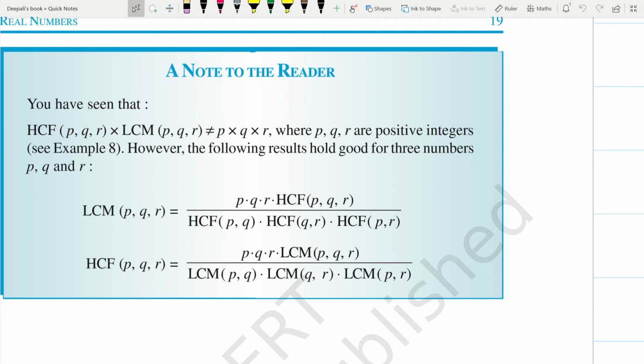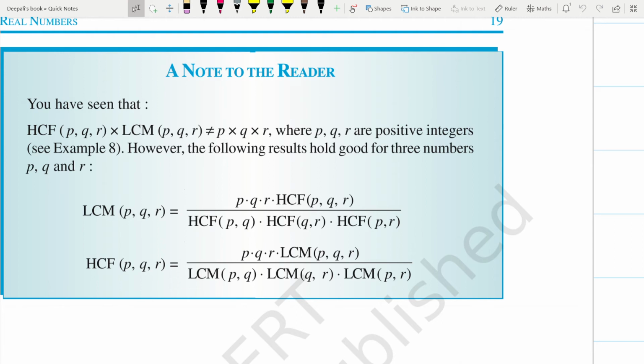We need to apply another formula for that. LCM of p, q, r is equal to p into q into r into HCF of p, q, r upon HCF of p, q into HCF of q, r into HCF of p, r.